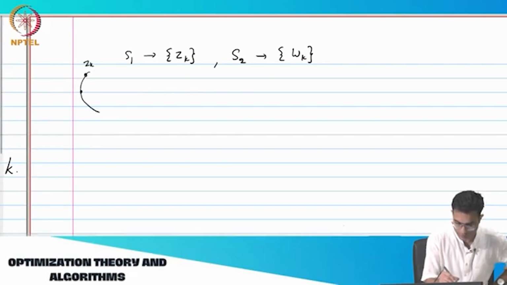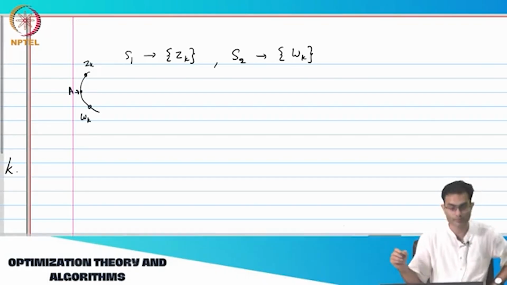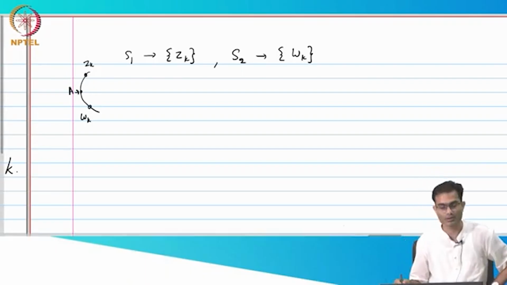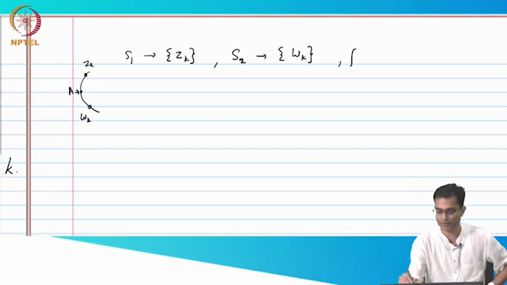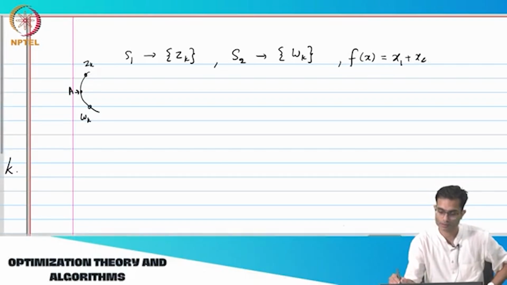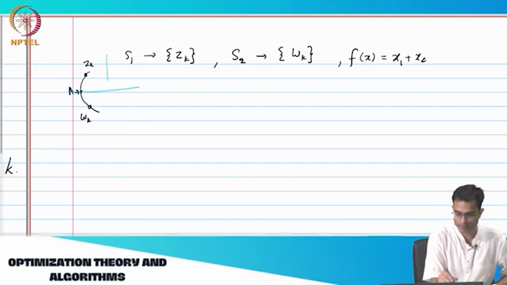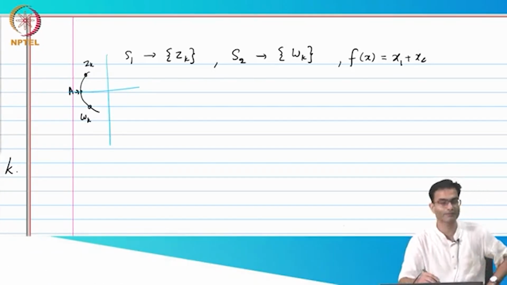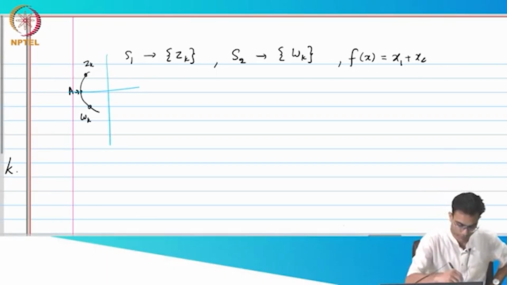So this is my zk, this is my wk, this is my point A over here. To check increasing or decreasing, the objective function I need to take into account is x1 plus x2. What are the contours of constant f? They are like this.